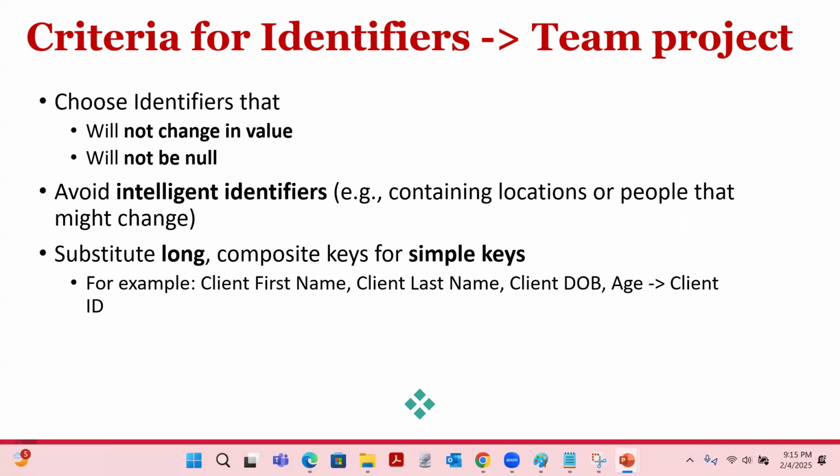So, for example, say we have a client entity, and what uniquely identifies a client is a combination of the first name, last name, date of birth, and age. Because, again, many people can have the same first name, last name, and date of birth, a combination of first name, last name, date of birth and age will probably be unique for each person.